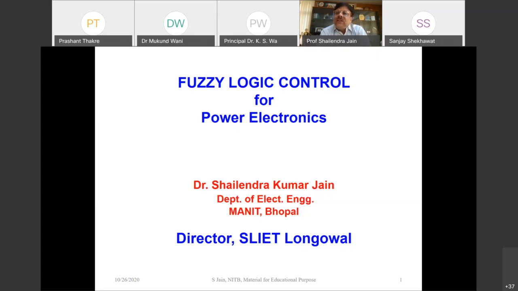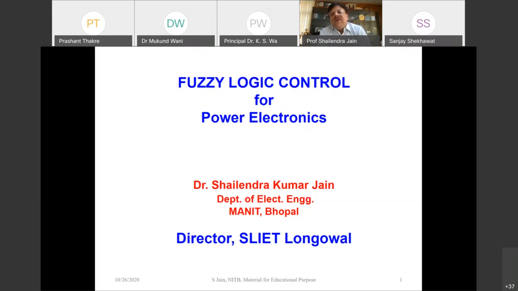As far as fuzzy logic is concerned, it is basically very similar to human thinking. So in fuzzy logic control for power electronic converters, we basically expect a machine to implement effective control with the help of input provided to the system in an effective way, with a less accurate mathematical model.